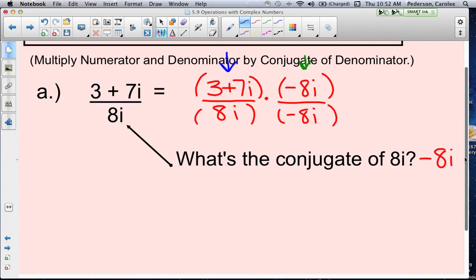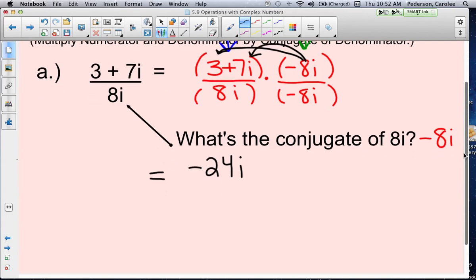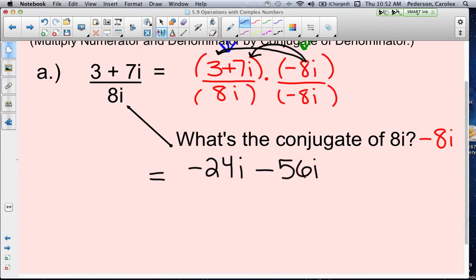Now we have to clean up the problem by distributing the negative 8i to here and then there. So 3 times negative 8i is negative 24i. And then negative 8i times 7i is negative 56i squared. Then in the denominator, 8i times negative 8i, multiply like parts.